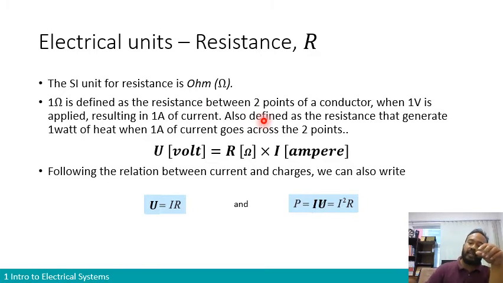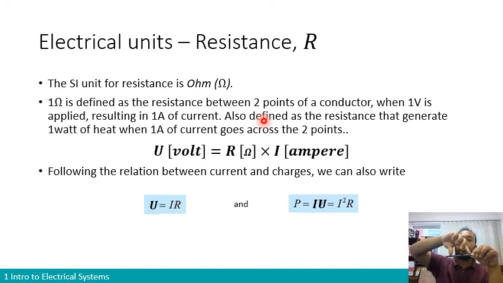So imagine you have a conductor, and you take 2 points. In between these 2 points, when you apply 1 volt of potential difference, it results in 1 amp of current circulating.